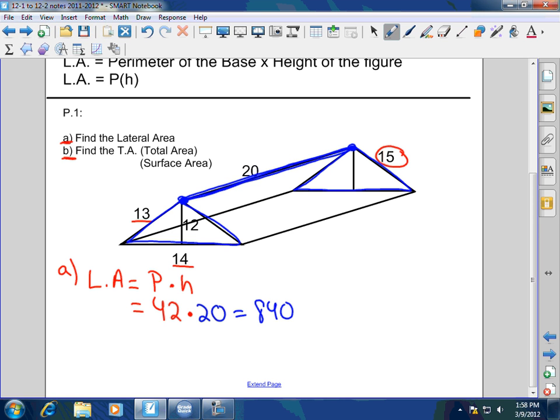Now, B, how do I find my total area or my surface area? Well, surface area is going to be 2 times base area. Base area is going to be 14 times 12 divided by 2, so that's going to be 84, plus lateral area, which we already found, of 840.